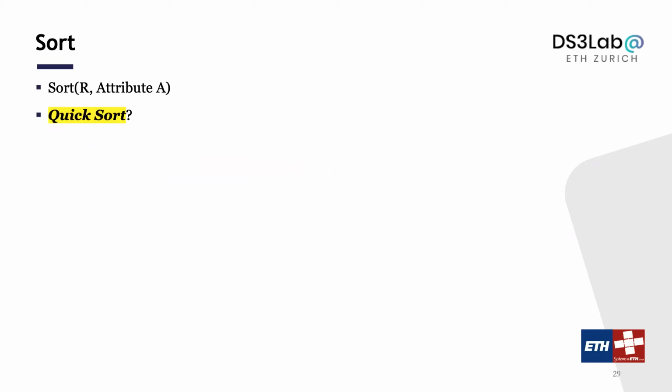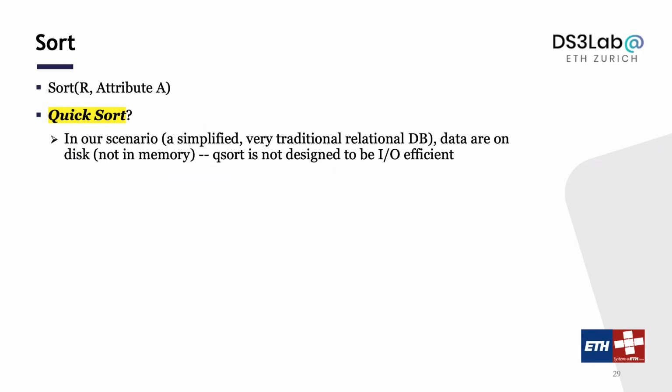Everyone here must know quicksort, right? So what's the reason that we will not use quicksort for this purpose? It is because when you are thinking about quicksort, the underlying assumption is that I can access things tuple by tuple. I want to minimize how many times I compare two attributes or two tuples.